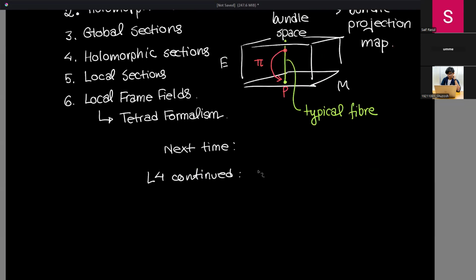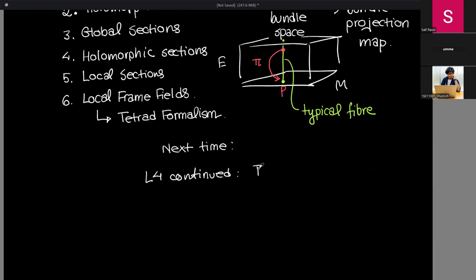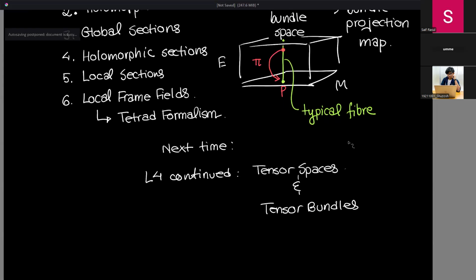We're going to look at tensor algebras, or sorry, we're going to look at tensor spaces, and we're going to look at some tensor bundles. Because tensor spaces, confusingly, are vector spaces, even though tensor spaces contain vector spaces, question mark.